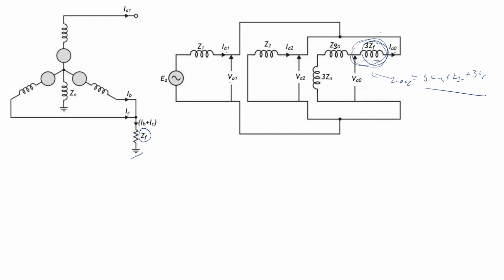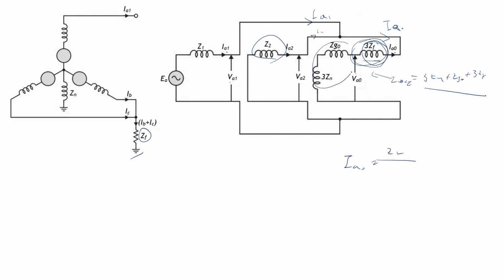That means if you want to calculate IA0, this is our total current IA1, and this is IA2. So IA0 is equal to the opposite impedance Z2 by the total impedance.